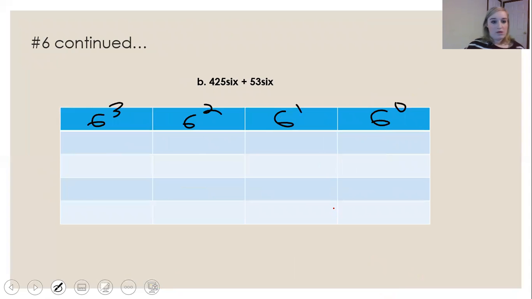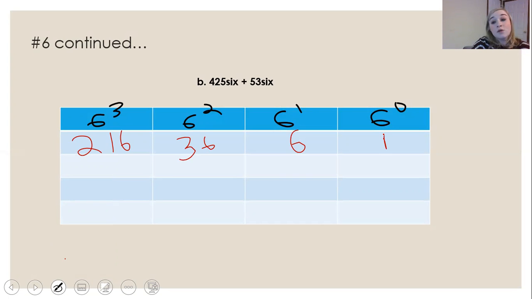So here's another one. We are going to do the exact same thing, except we're doing base 6. Just like before, we determine what these are. 6 to the third power is 216. 6 squared is 36. 6 to the first power is 6. 6 to the 0 power is 1.